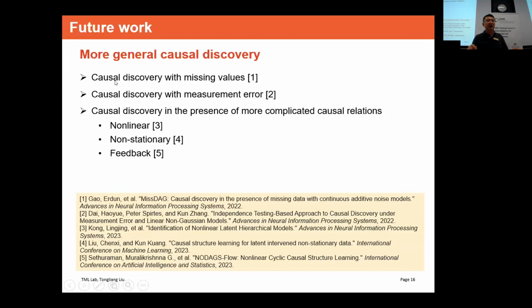For example, causal discovery with missing data, with measurement errors, with long-tail distributions, with sparse data, and we could also consider settings where the causal relationship is non-stationary, or where there is a human in the loop giving feedback, and we use that information to design more efficient causal discovery methods.